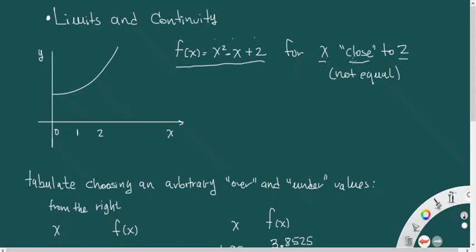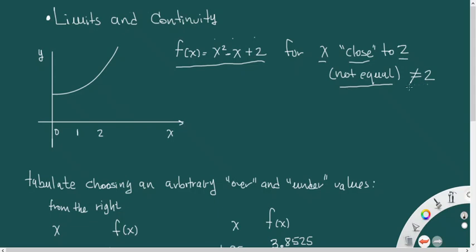What do I mean by close? We are going to calculate the value of the function evaluated in numbers close to 2 but not equal to 2. So that means calculating the function evaluated at 2 is not allowed in this exercise.